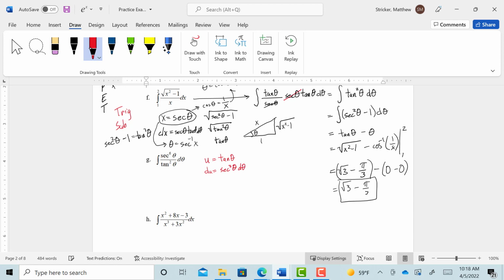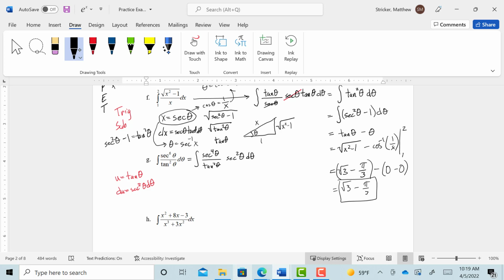So we're going to want to peel off a secant squared. Let me write this over on the side here so it's out of the way. If u is equal to tangent theta, then du is equal to secant squared theta d theta. So this is going to want to be rewritten as secant to the 4th over tangent squared times that extra secant squared theta d theta.